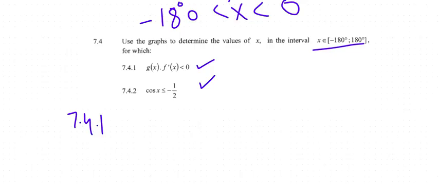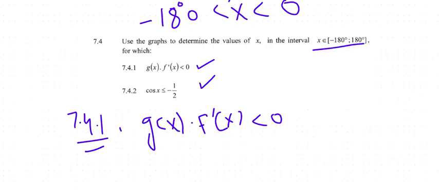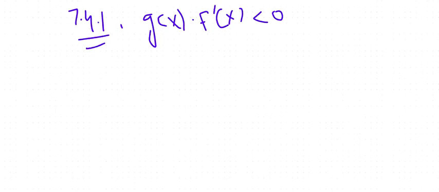This inequality requires the product of two terms to be negative. So this happens when the terms have opposite signs, like g(x) dot f'(x) less than 0.